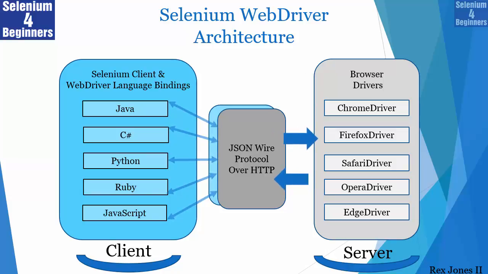The objective of a JSON Wire Protocol is to transfer information from the client to the server. That information is processed over HTTP by sending HTTP requests and receiving HTTP responses. Let's take a look at the JSON Wire Protocol on GitHub.